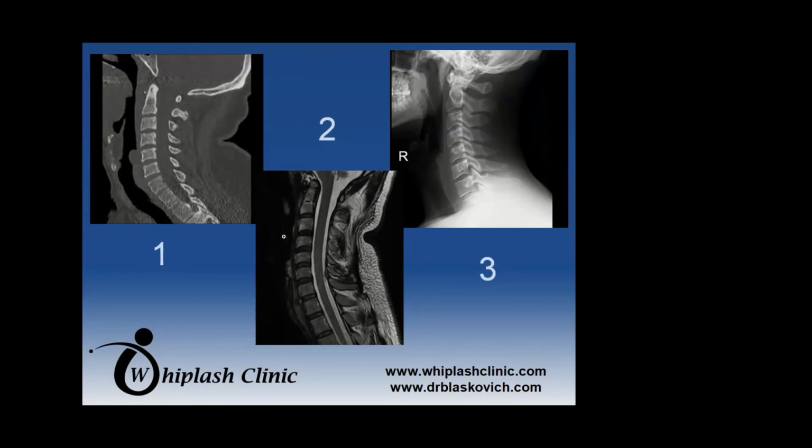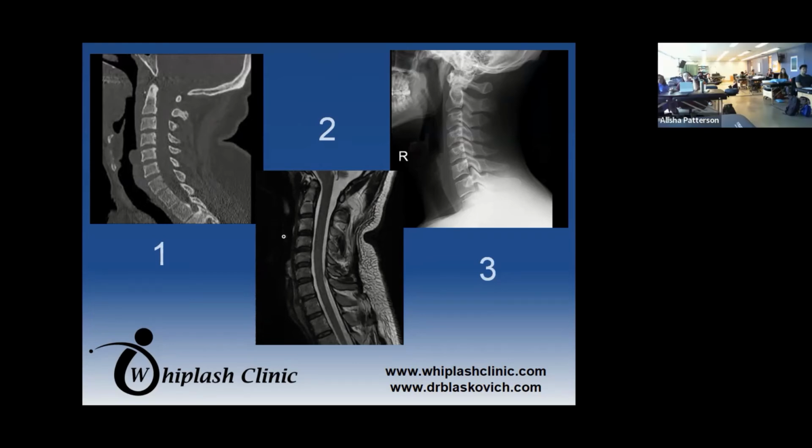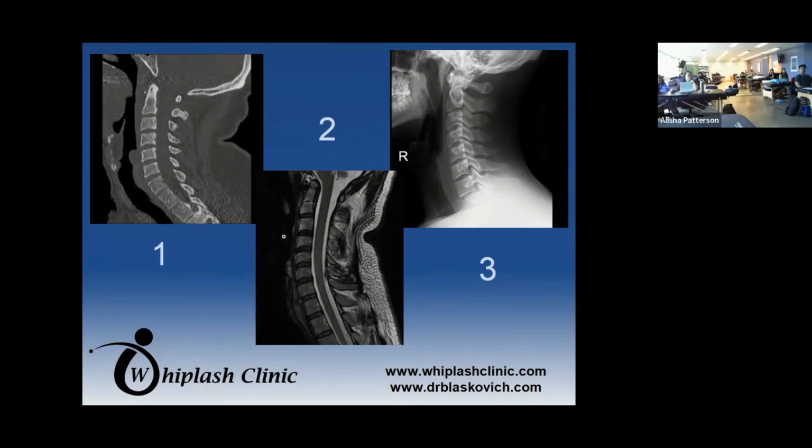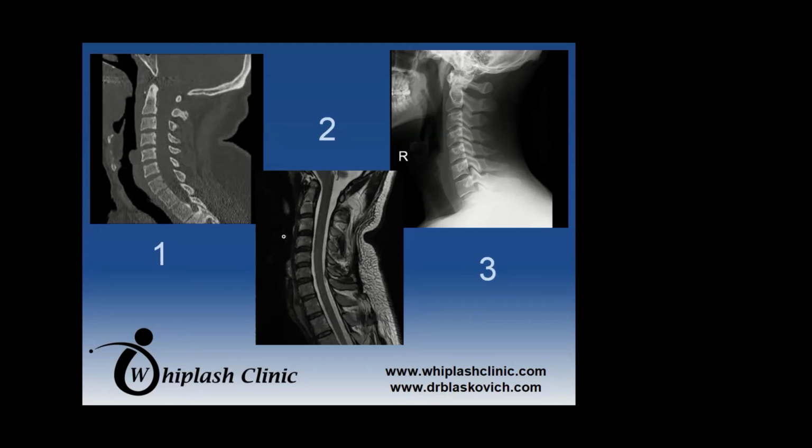Who knows what number 2 is? Anyone? You can yell it out. Yep. And number 1? What's the consensus on number 1? Ultrasound? Nope. CT. It's a CT scan. Yep. This would be one version of a CT scan.